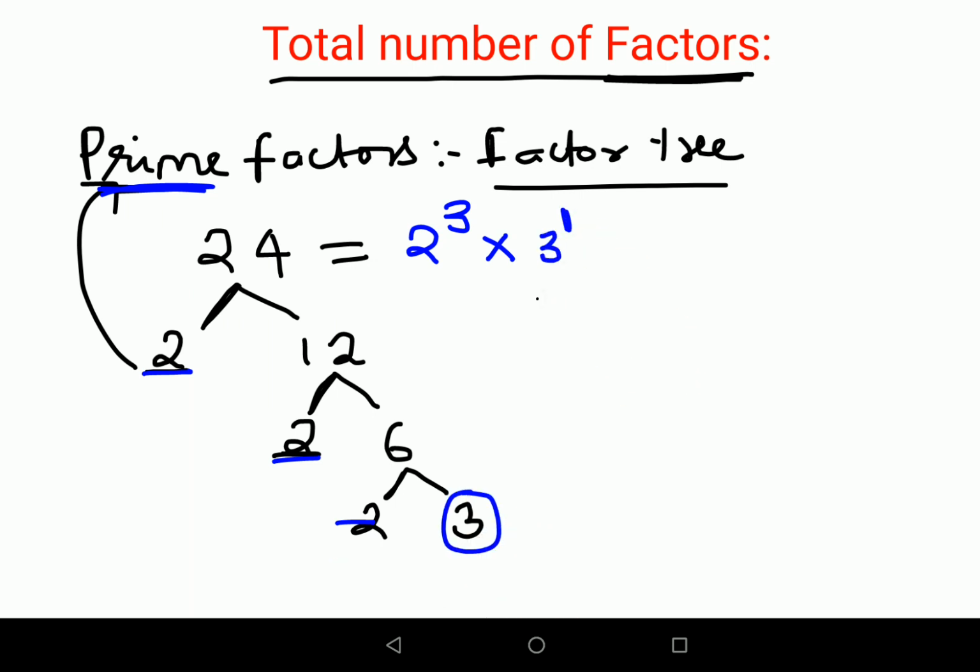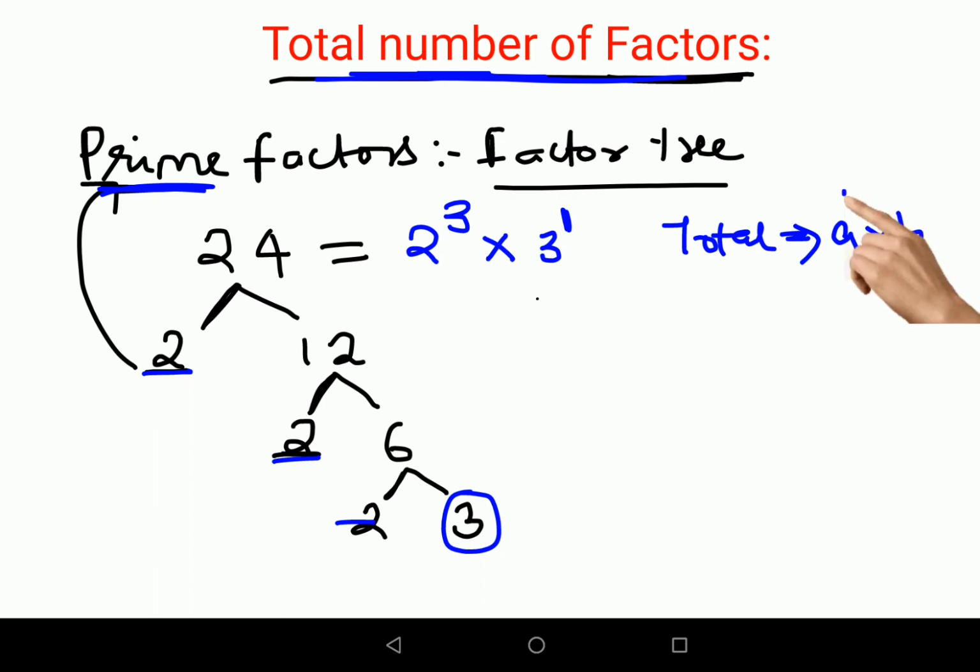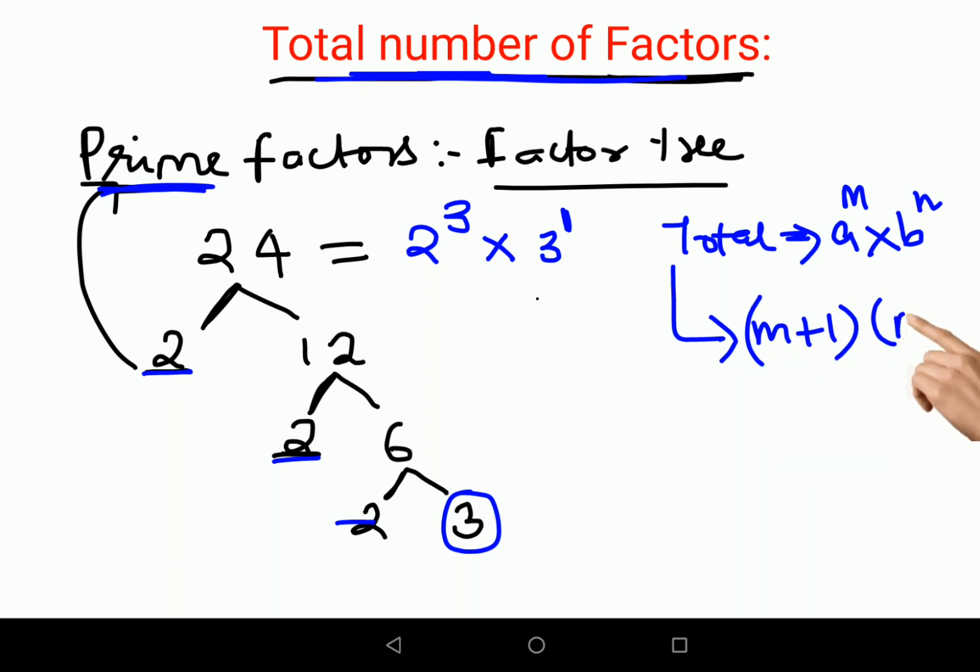3 raised to 1. Now, in order to find the total number of factors, whatever prime factors you get, a into b, say a is raised to m and b is raised to n, then the total number of factors will be m plus 1 into n plus 1.